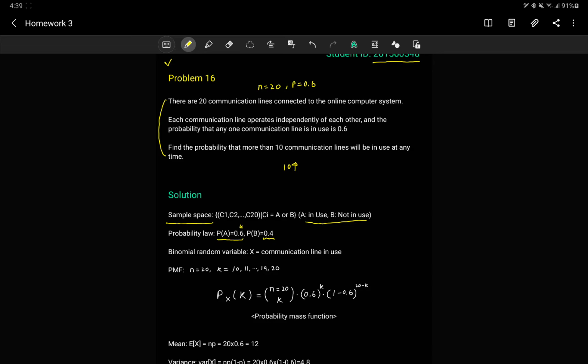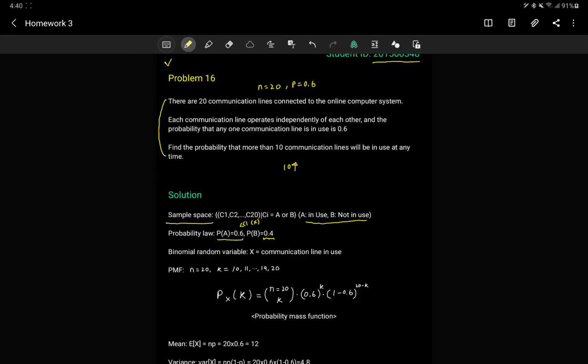If n is a small value, it is good to use the binomial probability concept. Also, since the probability p is not very small compared to 1, it is also appropriate to use the binomial probability concept.